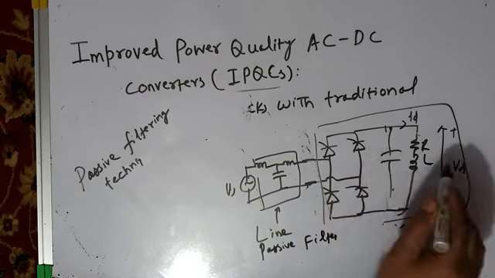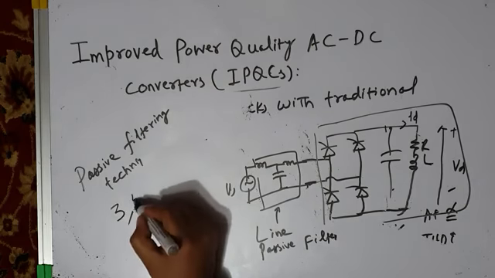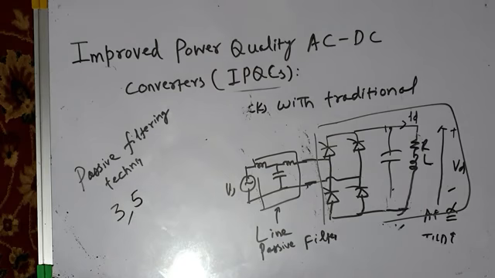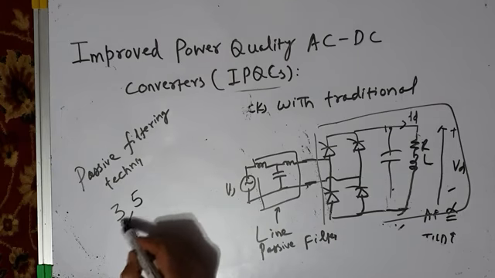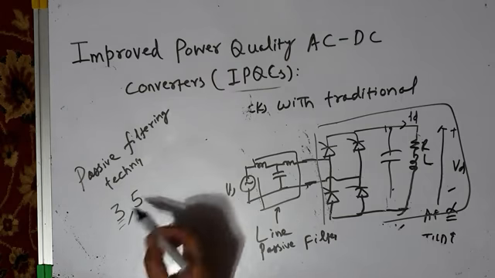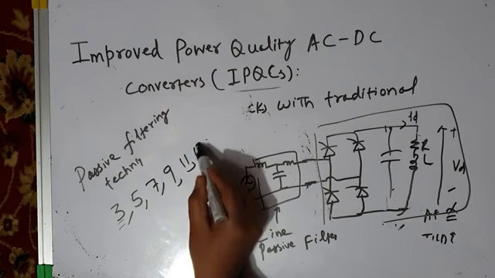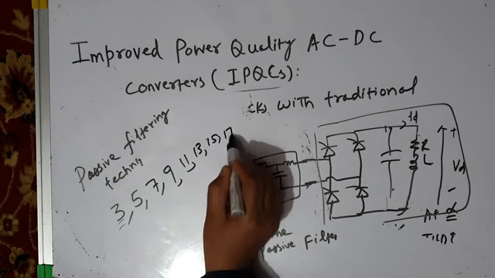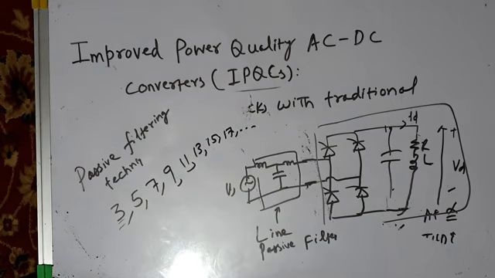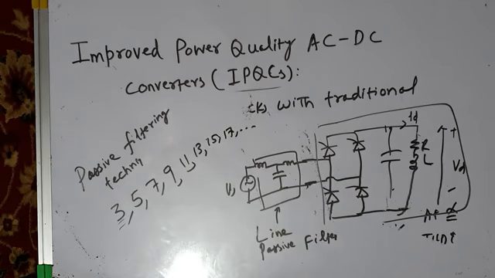Now, for example, if this is a single phase AC to DC converter, it draws a very strong third harmonic component. Apart from the fundamental component, which is the actual useful component, it draws harmonic components, of which third harmonic is very strong. Fifth harmonic is also very strong. 7th, 9th, 11th, 13th, 15th, 17th, and other higher order harmonics. You cannot use a single passive filter for filtering all these harmonics.